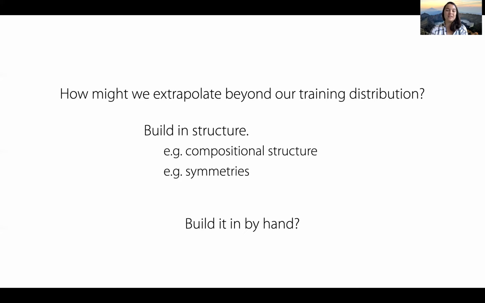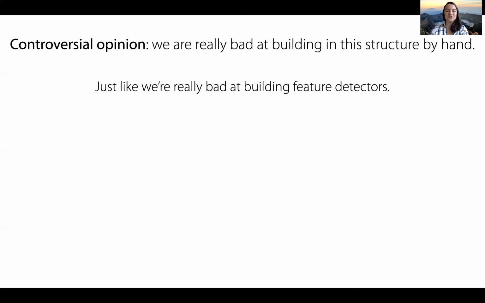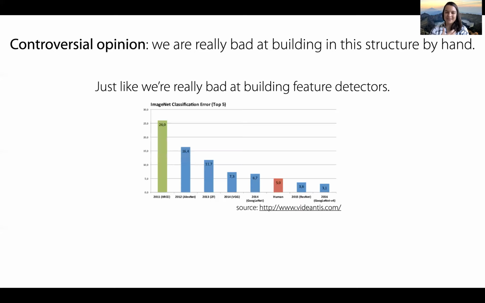One natural thought is, well, I know how to generalize pretty well. How would I build in structure by hand? But I think that we're actually really bad at building in structure into our models, just like we're really bad at building feature detectors. We saw in the history of computer vision that features that were learned performed significantly better than features that were constructed by a human.